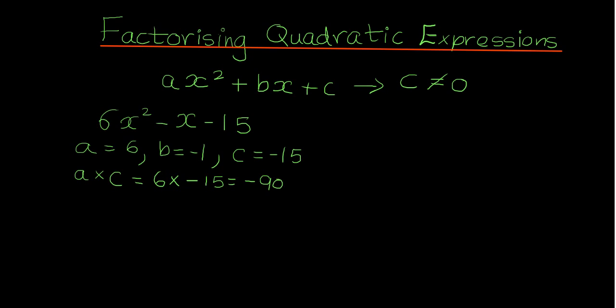Okay, and in brackets I am going to put a multiplication sign for this number. So I need two numbers that multiply to give me minus 90, and those same two numbers will add to give me the value of b, which is minus 1. In brackets I'm going to put a plus sign.